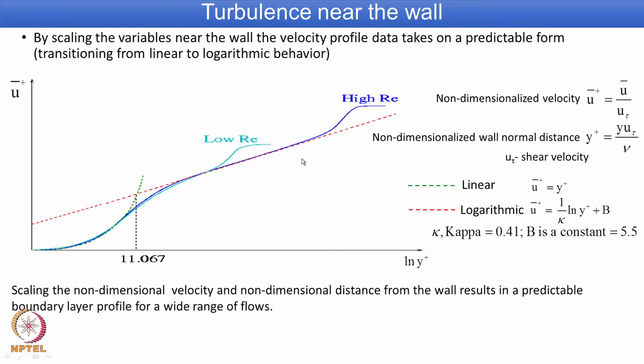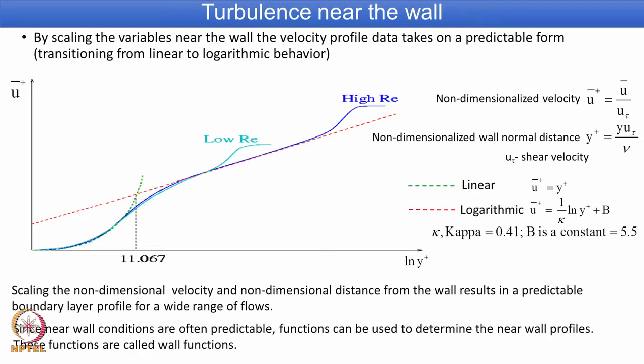Because we are using respective u tau and respective nu, and we already learned it is possible to split the actual velocity profile into 3 zones: linear velocity profile or viscous sublayer region, buffer layer, and logarithmic layer. There is a specific expression available for 2 zones, and for outside the log layer it is possible to predict velocity profile near the wall.